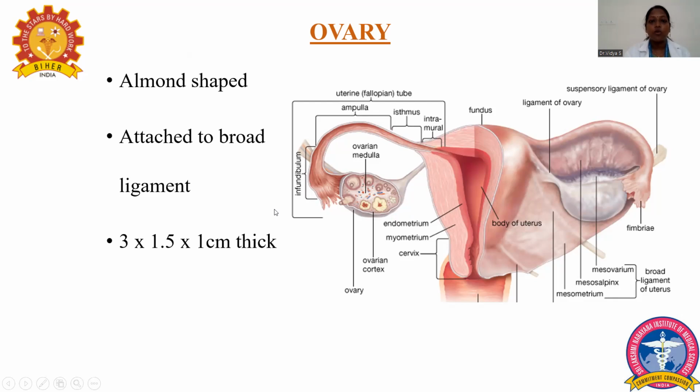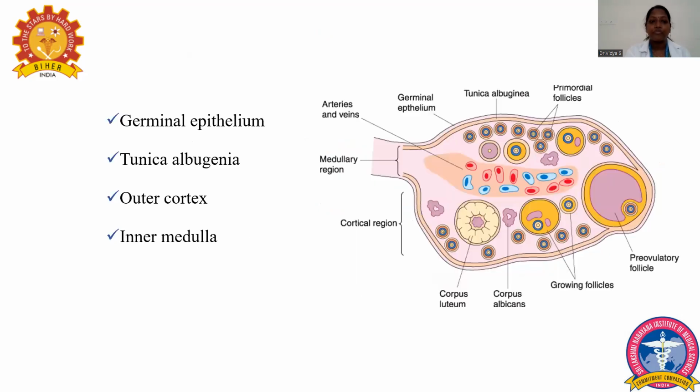Coming to the dimensions of the ovary, it is 3 by 1.5 by 1 centimeter in thickness. The ovary consists of germinal epithelium, tunica albuginea, outer cortex layer, and inner medullary layer.